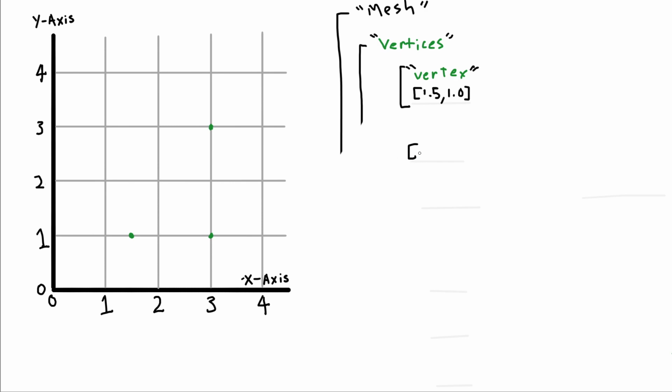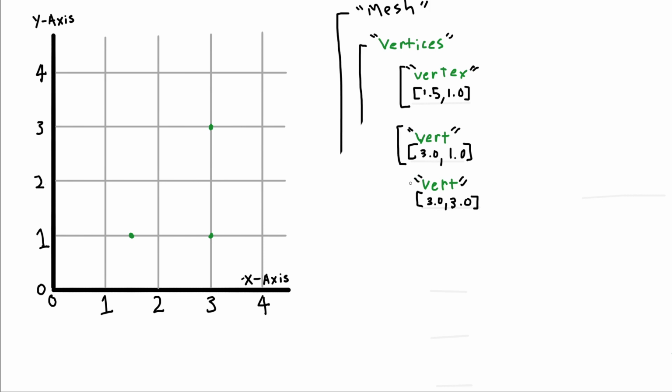And so we've got 3.0 comma 1.0, and then 3.0 comma 3.0, right? So each of these are just a list, but we want them to be part of a mesh, so we're gonna put them in vertex structs. I'm just gonna do vert for short, because I don't want this video to be super long. You just gotta keep in mind that each of these is just the struct for a single vertex.